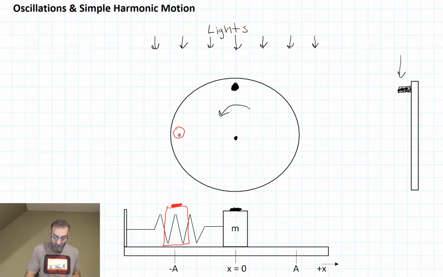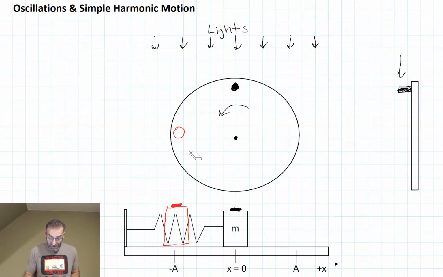And the shadow from my peg is not moving left or right either, because the peg is actually moving down at that instant, right? It's moving tangent to my circle. So its shadow is not moving left or right either.